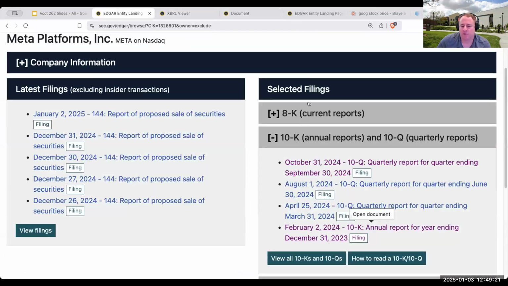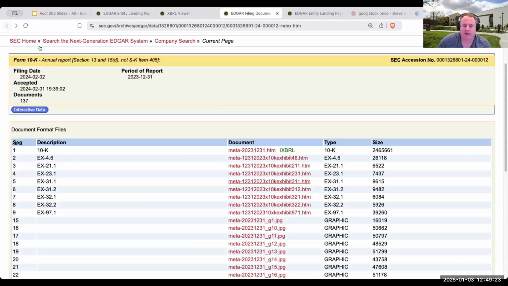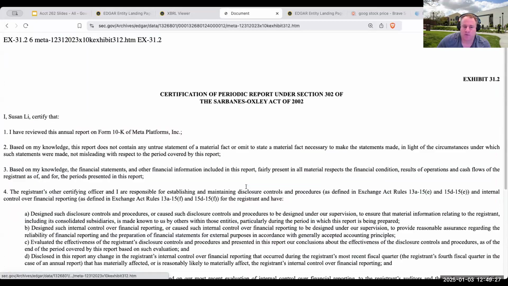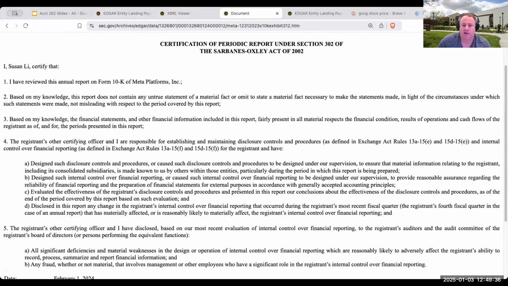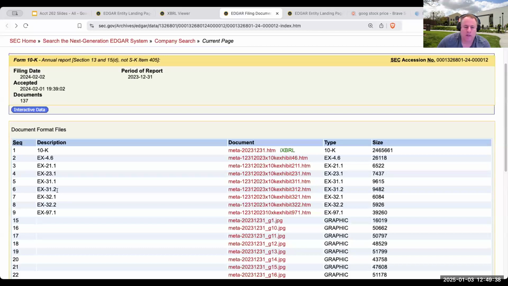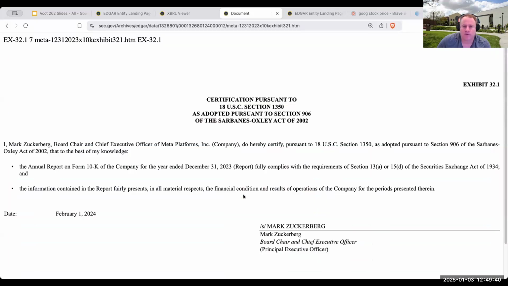So this is a very important part of the 10K filing. If I come down over here to Exhibit 31.2, I, Susan Lee, I'm right over here. She is the CFO of Meta Platforms. She also has to make similar certifications. Then you look over here, 32.1, basically certify, was adopted as part of this, basically complies with the requirements of 13A or 15D, and there you go.